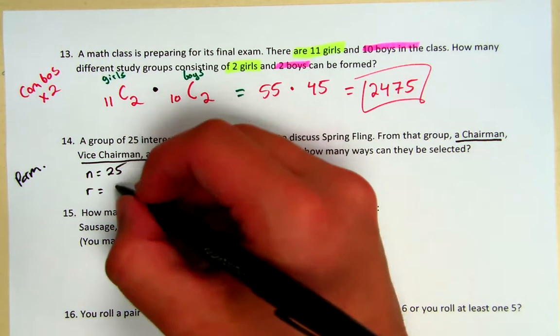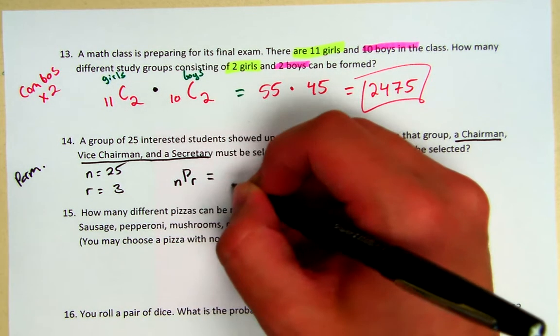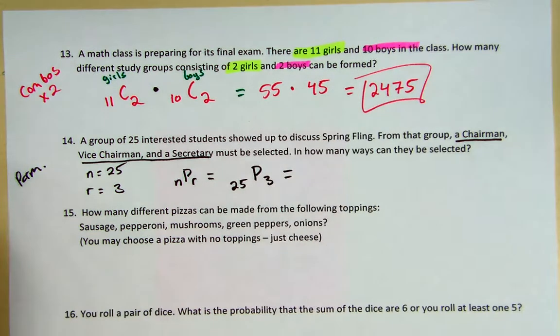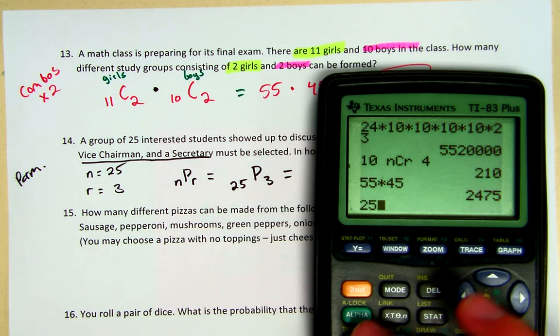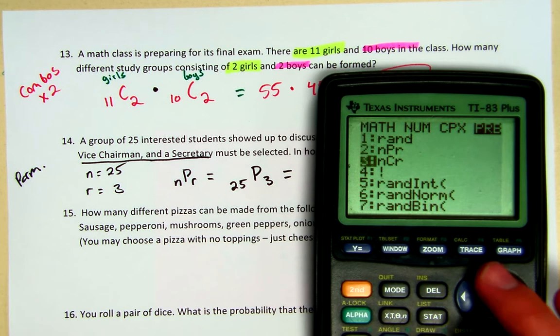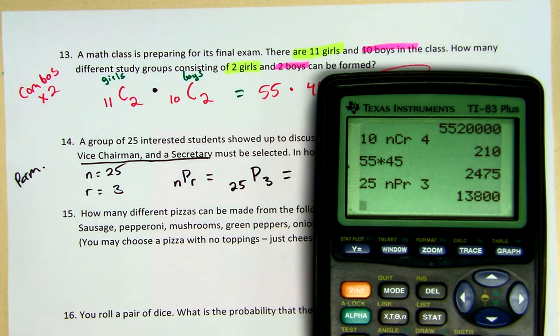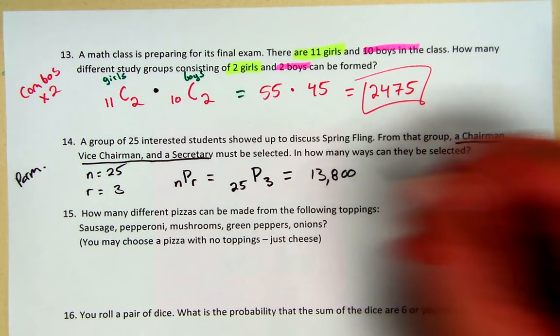There's 1, 2, and 3. So then I'm going to do nPr, and that's 25 total. We're picking 3 for the positions. So again, just like combinations, instead we're doing 25, arrow over to probability, and then nPr. Make sure that you choose the one with the P. So we got 13,800.